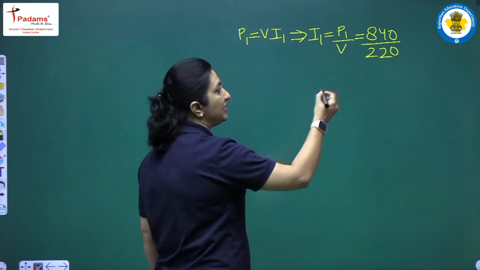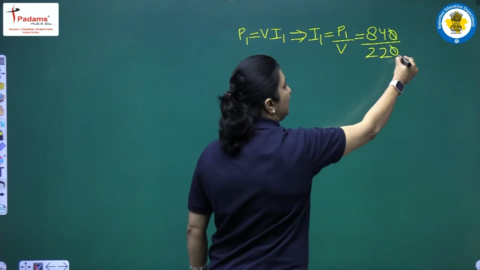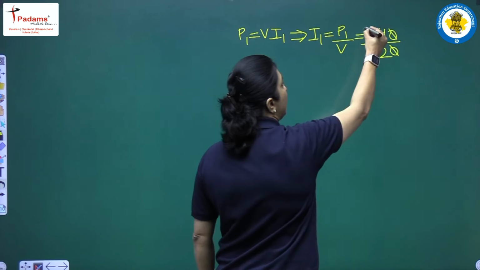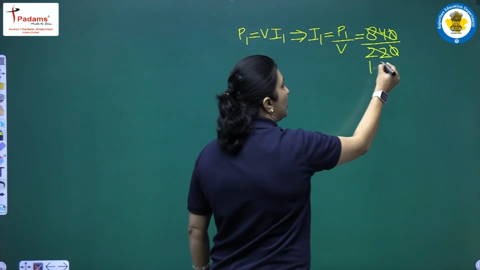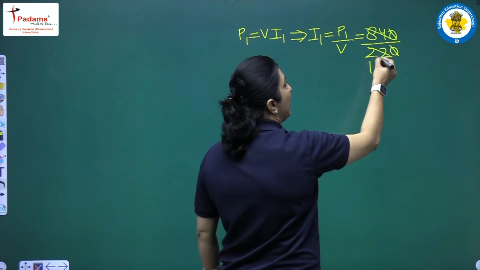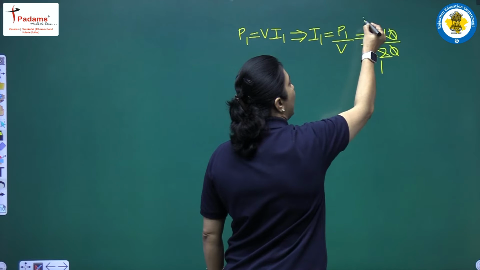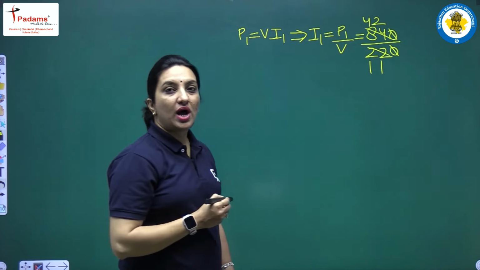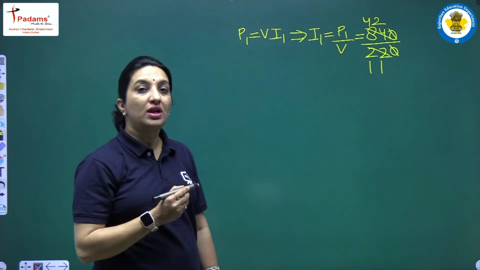So on solving this, if I divide it by 10, then this 0 will cancel out with the 0. Now dividing it by 2, I'll have 11 over here, and 2 4s are 8 and 2 2s are 4. So I'll have 42 upon 11.